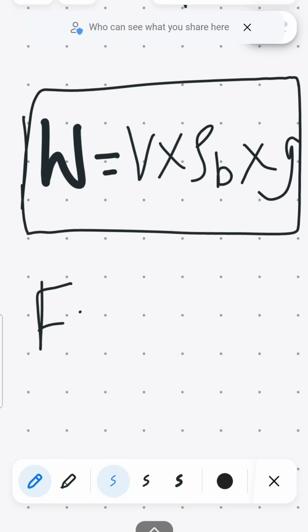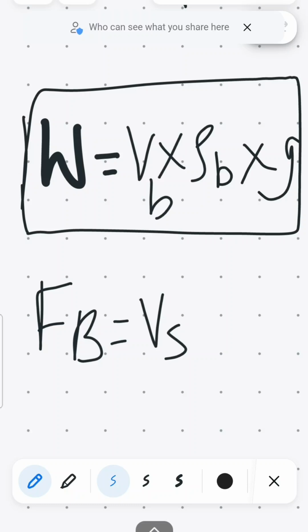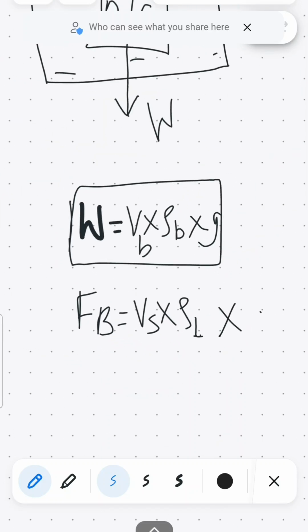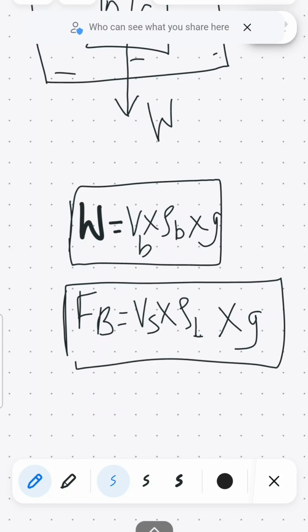The formula for upthrust is the volume of the submerged part of the body multiplied by the density of the liquid multiplied by acceleration due to gravity. So these are the two formulas that we have to keep in mind.